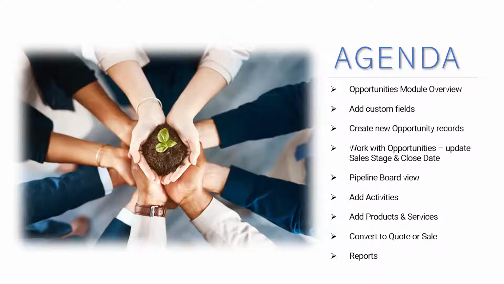You also can look at pipeline reports by the close date. What do we expect to come in this month? What do we expect to come in next month or the next 3 months? And the value of that. So keeping those two fields updated along with the amount or the value of the opportunity is very important because then you know where you stand at any point in time.